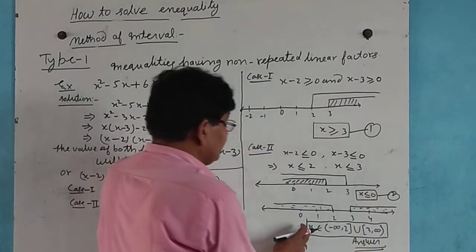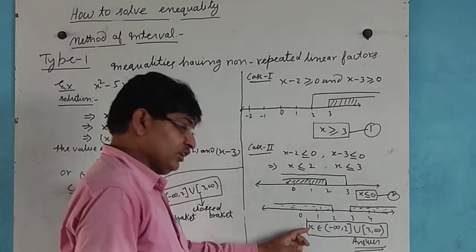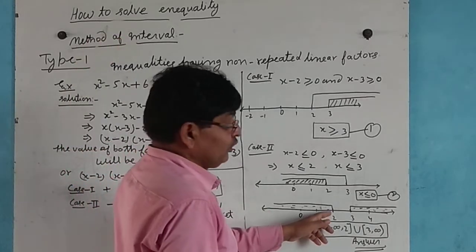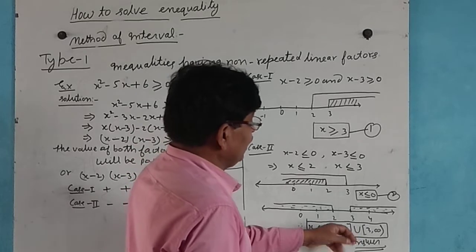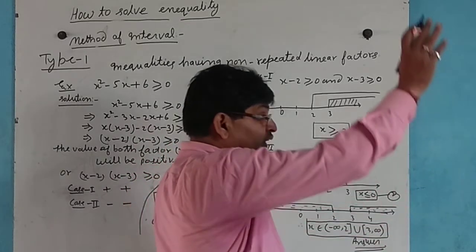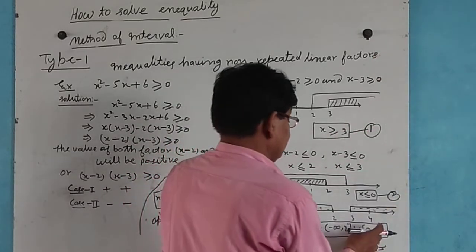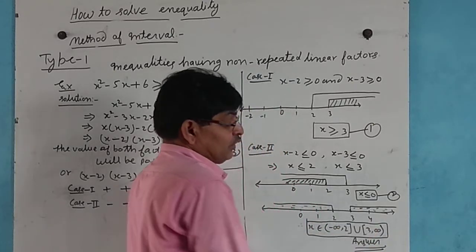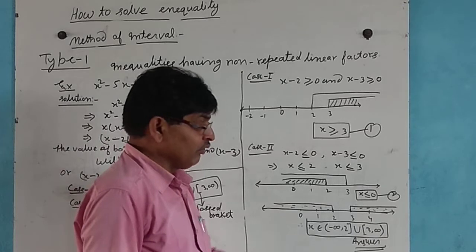It means that the value of x belongs to minus infinity to 2, union 3 to plus infinity. x belongs to the union of these. This is our answer.